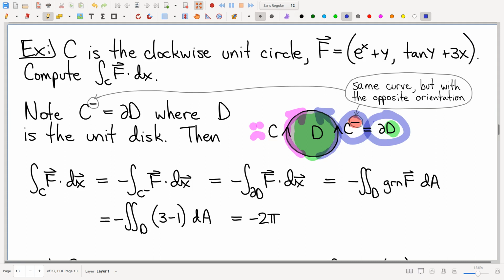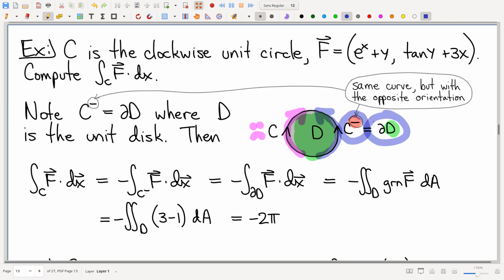So what I'm going to do is apply Green's theorem to the dark blue curve, even though the purple curve is the one I actually want. I'm talking about this other oriented curve, the dark blue curve, and again, it's a different curve. How does that help me? The way it helps me is I know that these two curves are simply opposite orientations of each other, and I know that just means a minus sign.